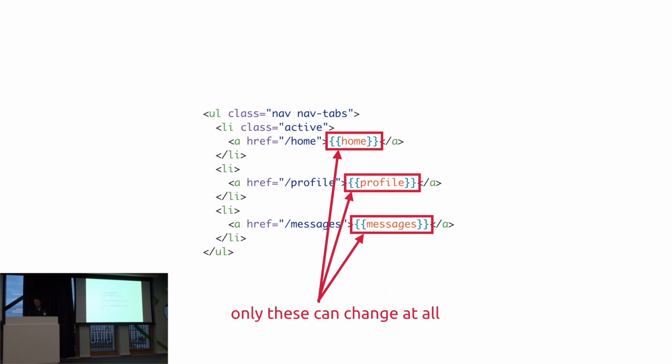So if we look at the template here, the only things that can actually change are the things between curly braces. So everything else can be ignored during update renders. You never have to re-render the class of the UL tag on updates because that is static, that will never change. Right? Unless you remove the component, but that's a different thing.